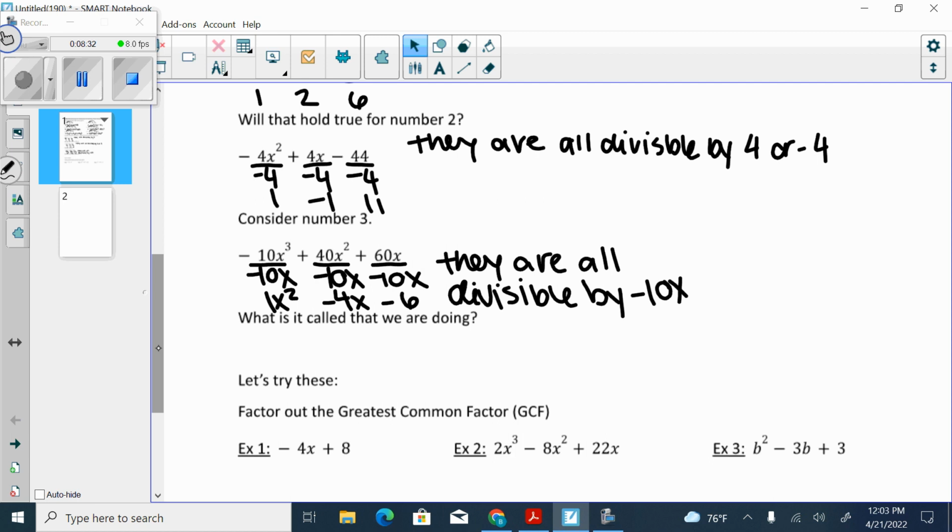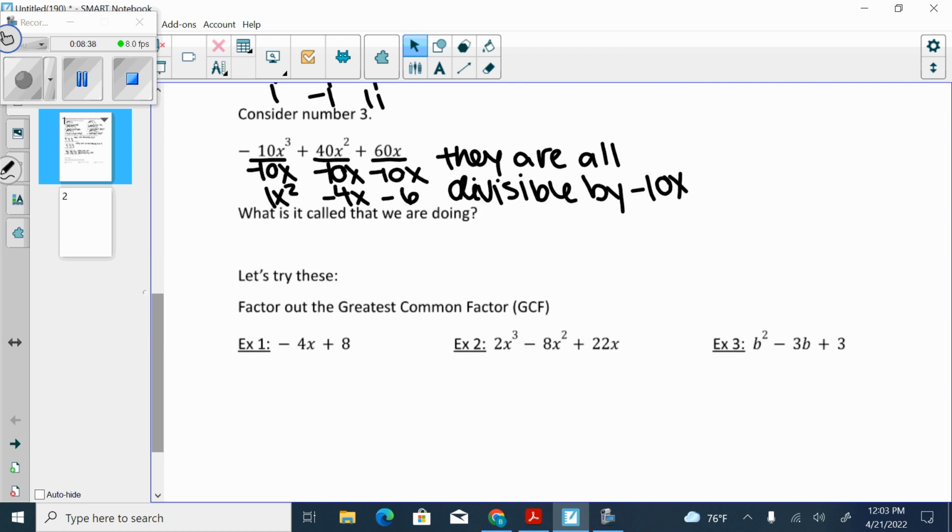It's the biggest thing that is a factor in all of our terms. So what we call this process is factoring out the GCF. And our GCF just stands for greatest common factor.